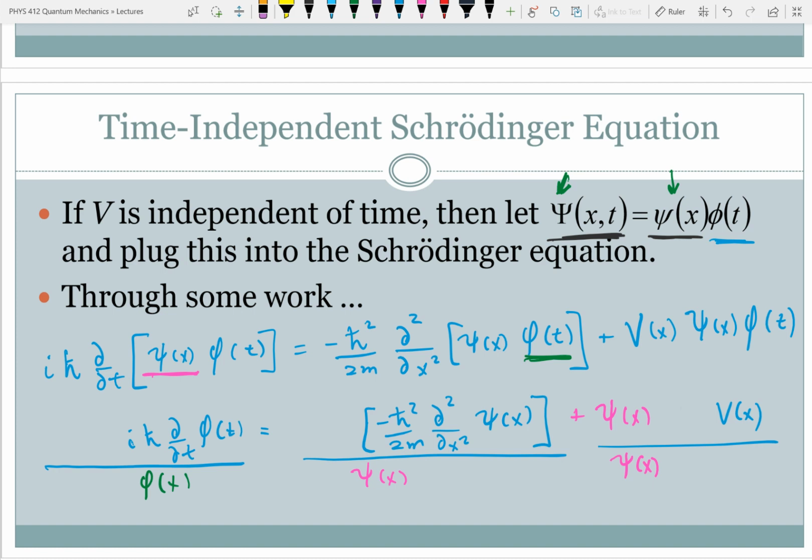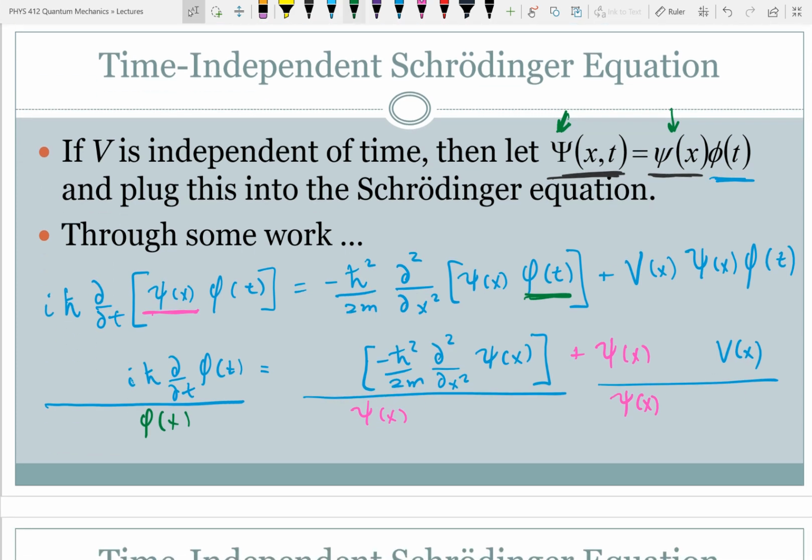Now, if we look at that, the left side of the equation is a function of one variable. What's that one variable? T. Once again, that time was hard to read. So this is all a function of time. The right side is all a function of one variable, but that variable is x.